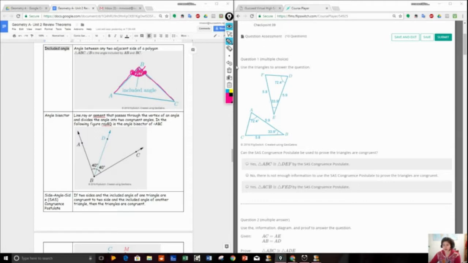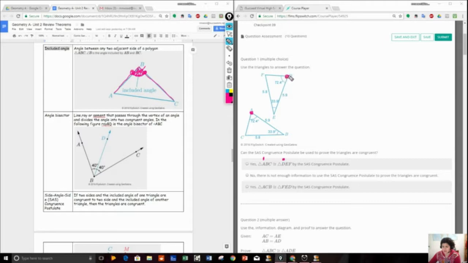So we need to find an angle with the same measurement and the same measurements of their adjacent sides. If we look at triangle ABC, A corresponds to D. So angle A is going to correspond to angle D.